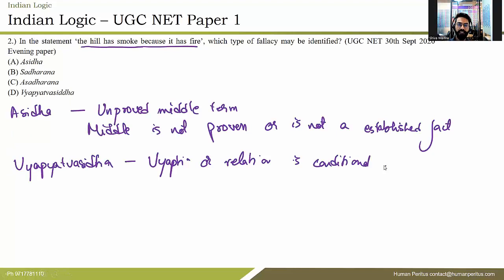The very basic example which can be given for this particular type of Hetvabhasa is something where the conditions can be changed. I'll give you a very basic example which will make this question a bit easier. We all know that when there is a fire, there is smoke, right? This is an established fact.